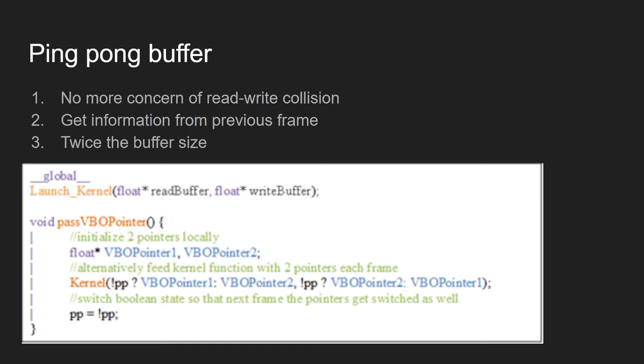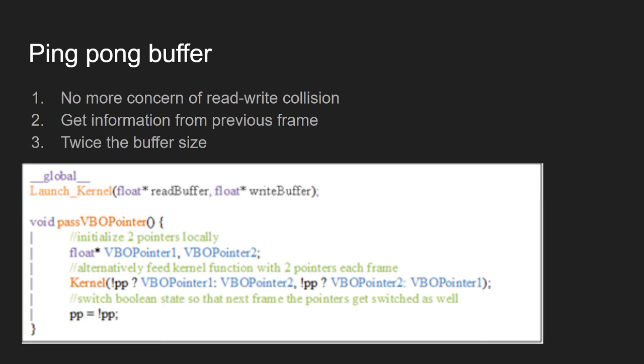So I implemented a ping pong buffer, which is a pretty nice trick and very easy to implement. I simply initialize two VBO pointers, and for each frame, I alternately pass these two pointers to the kernel function.